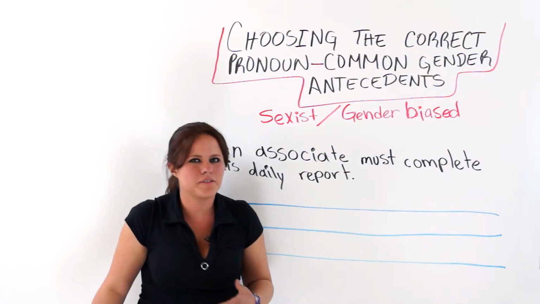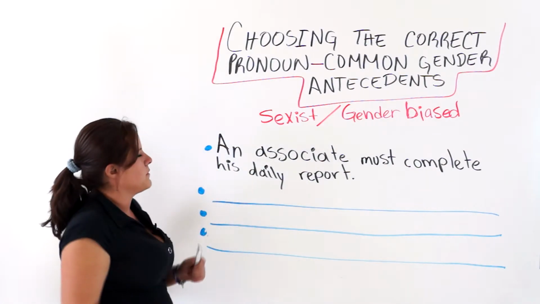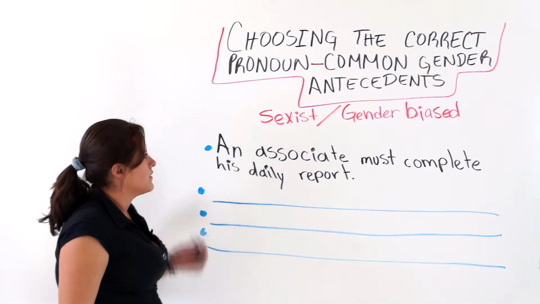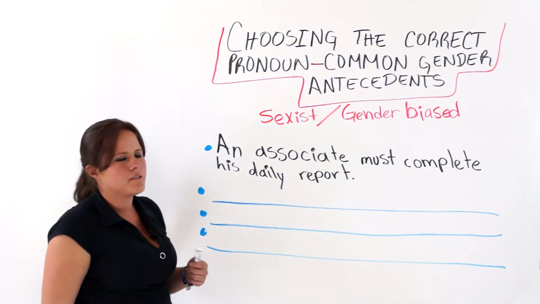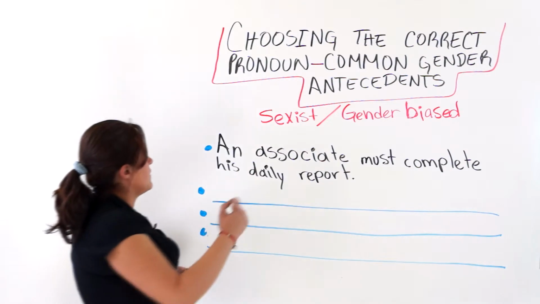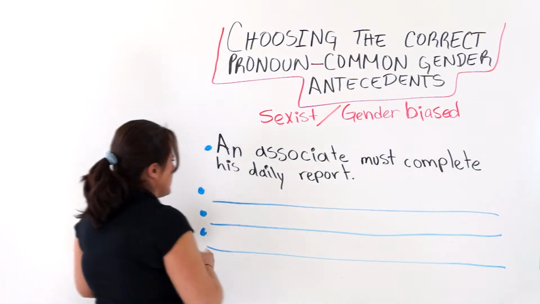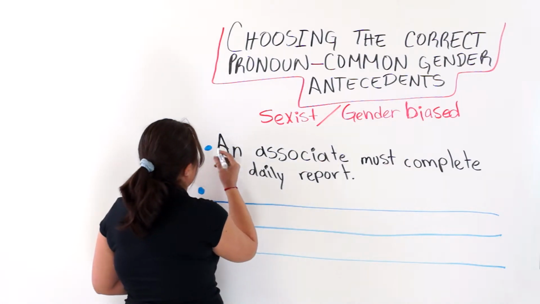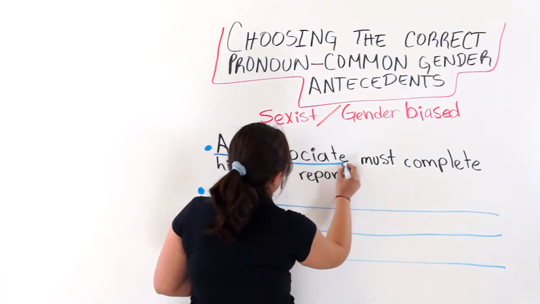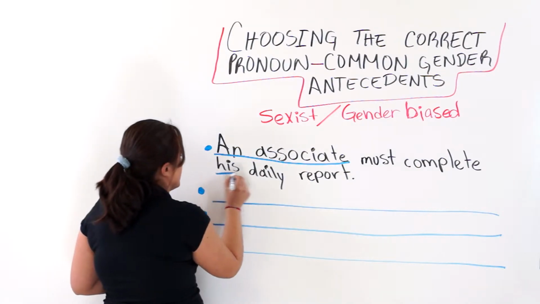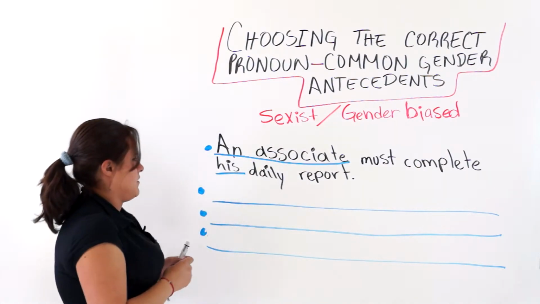Now we have this example sentence, which may be considered sexist or gender-based, because here, an associate, let me use another color. An associate is a gender-neutral noun, and we are using a masculine pronoun.